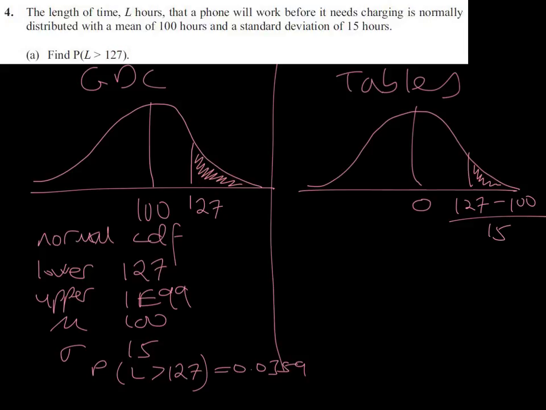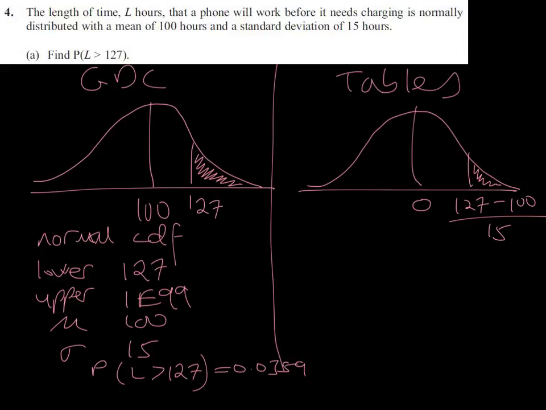I'm going to go to distributions on the calculator, look for normal CDF, which is the cumulative distribution function, because we're looking at the cumulative distribution between two different points. And then we're going to specify those points. So the lower boundary, if we want it greater than 127, is 127. The upper boundary, just remember that in theory this is asymptotic to the x-axis, so this goes on to infinity.